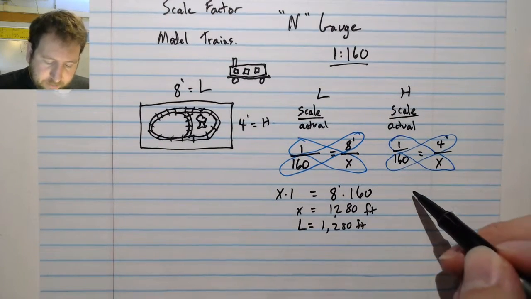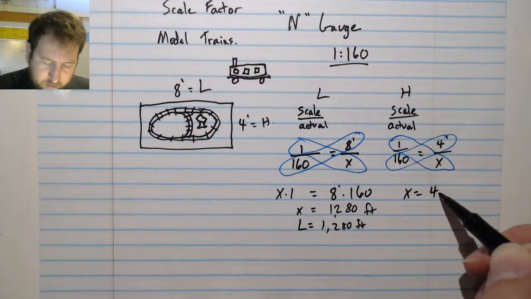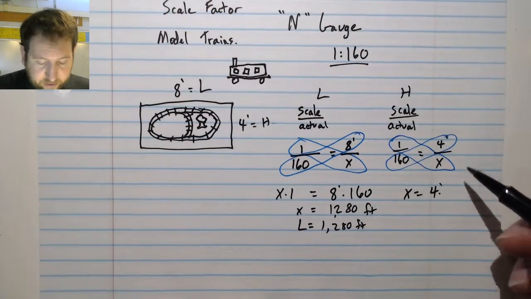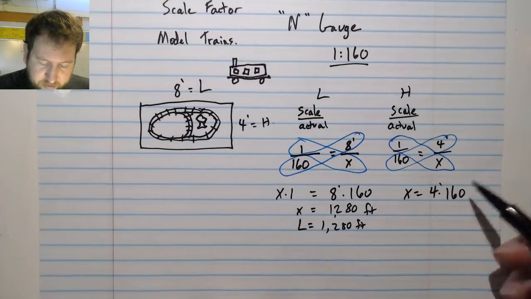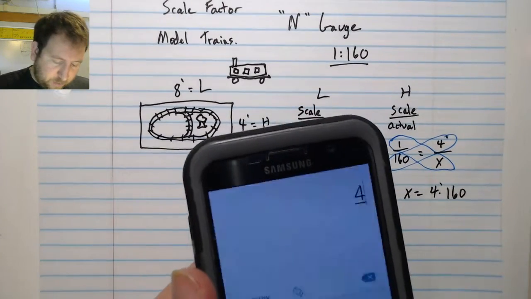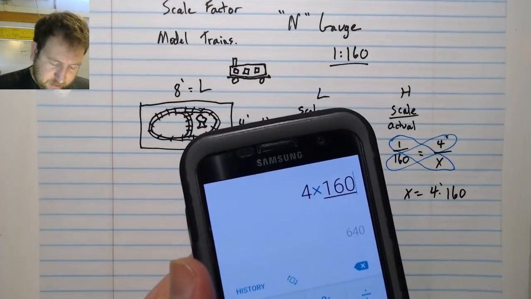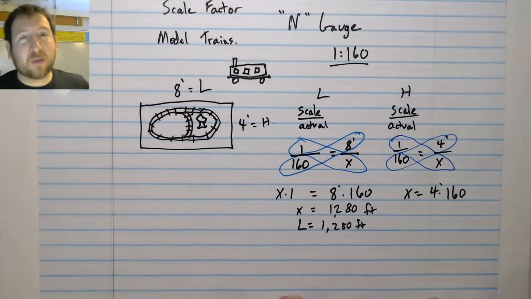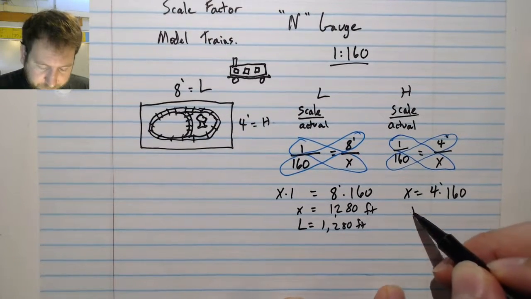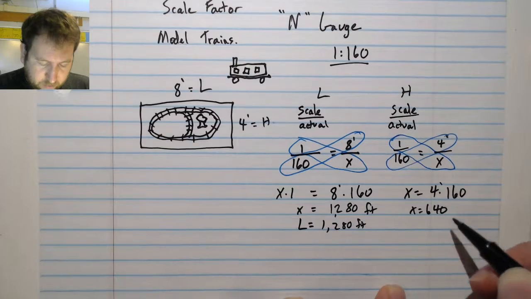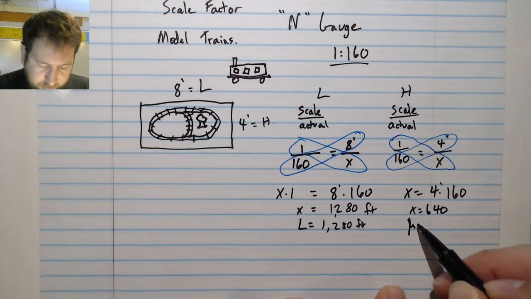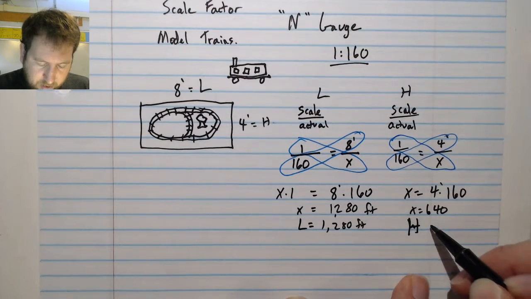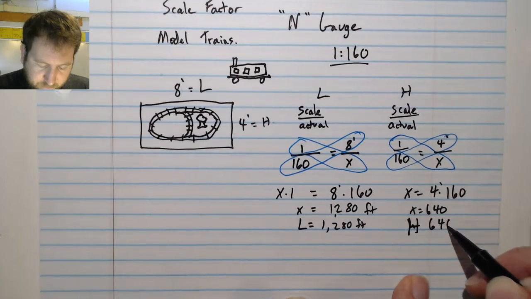And I have x equals 4 times, 4 feet, I should have said, times 160. And then I can check 4 times 160 is, unsurprisingly, 640. Which means that my height, sorry, I almost wrote width, is 640 feet.